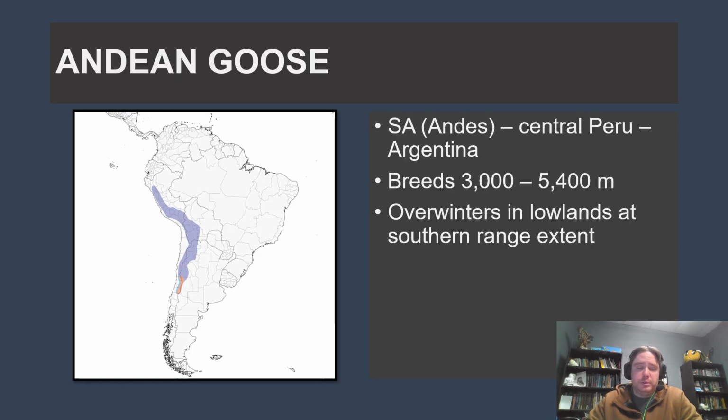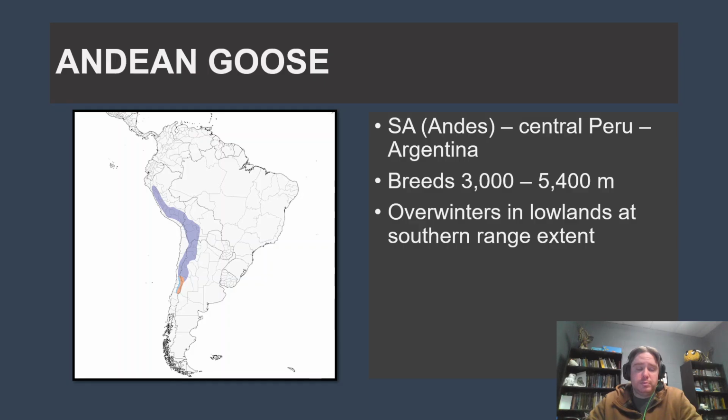This is a species that you find in a fairly narrow range of the Andes within central Peru and, well, south through Argentina and Chile as well. It breeds between 3,000 and 5,400 meters, so we're talking about a high elevation species. And for the most part, it doesn't migrate.